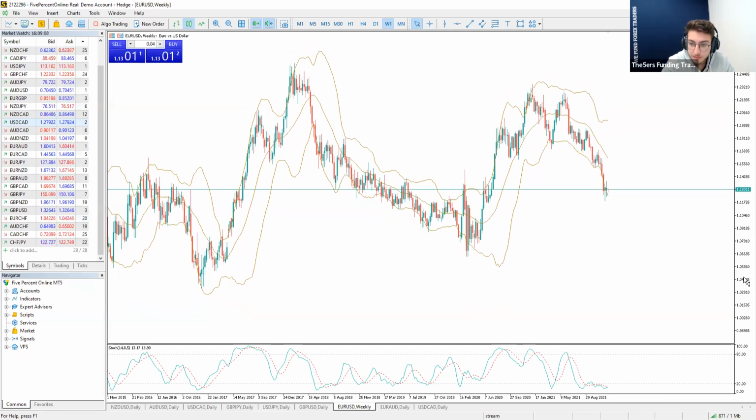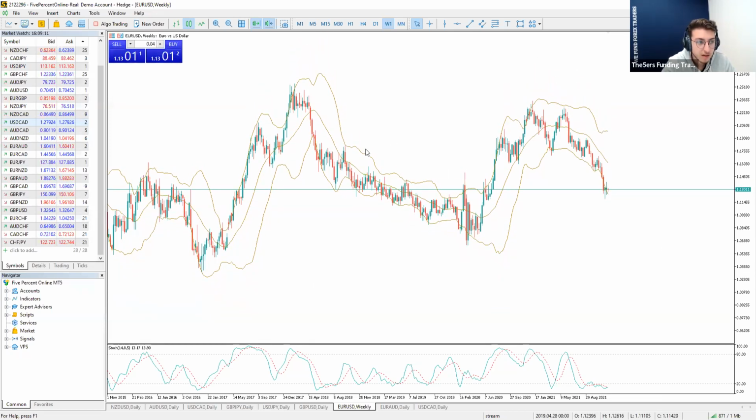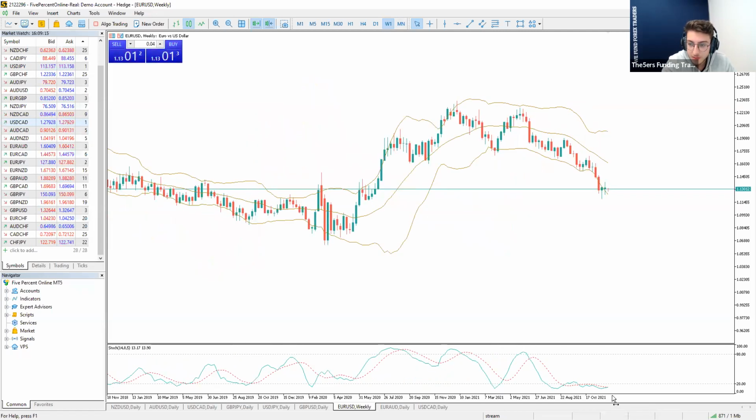Okay, with my analysis here. Also, stochastics is below 20. There is also a high chance that the market goes back to this zone.